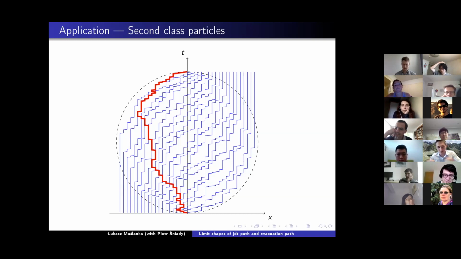And we can know that if there is some end setting of the particles, then the second-class particle will behave in some more or less deterministic way, deterministic up to the distribution of its movements.